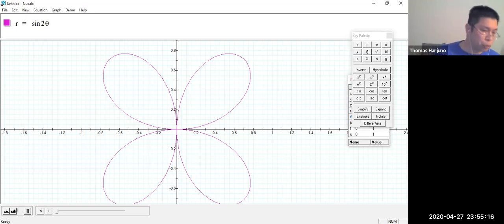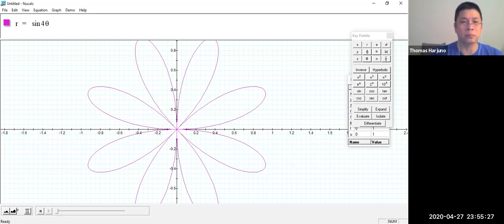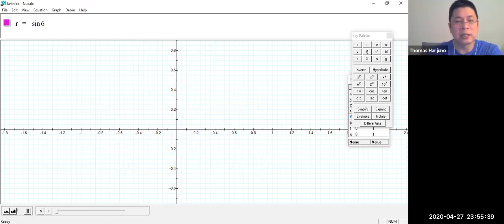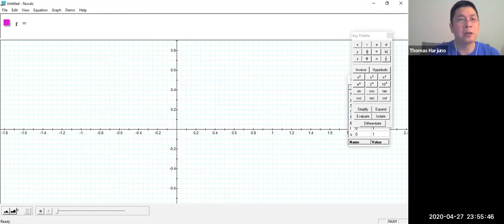Now, let's compare sine 2 theta and sine 4 theta. Sine 2 theta has 4 leaves. Sine 4 theta has 8 leaves. Sine 6 theta will have 12 leaves. In fact, the same pattern applies when we have cosine.